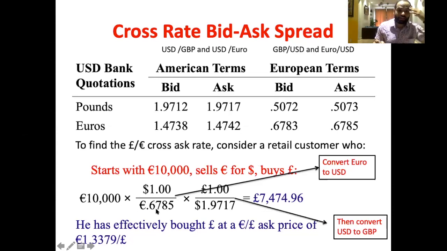So instead of doing this, you can write 10,000 multiplied by 1.4738. Let me write it down. So you have 10,000 euro and you want your position in pounds.